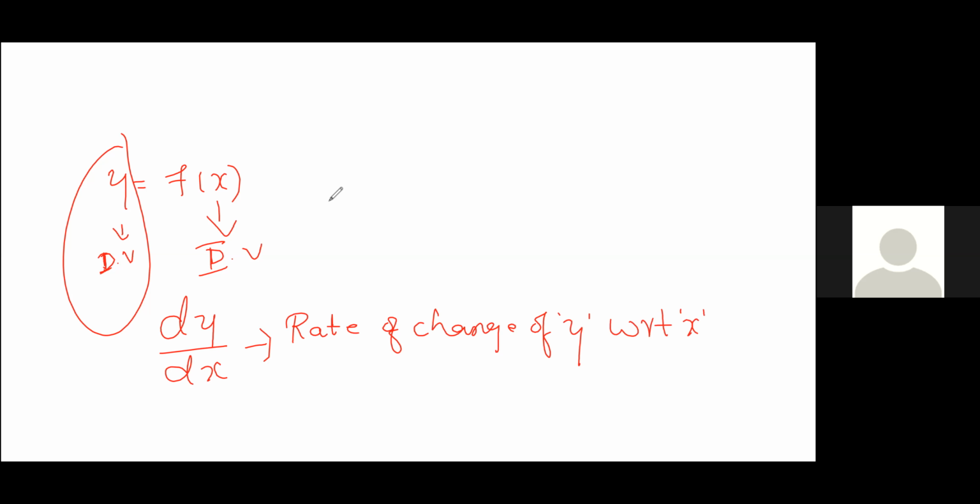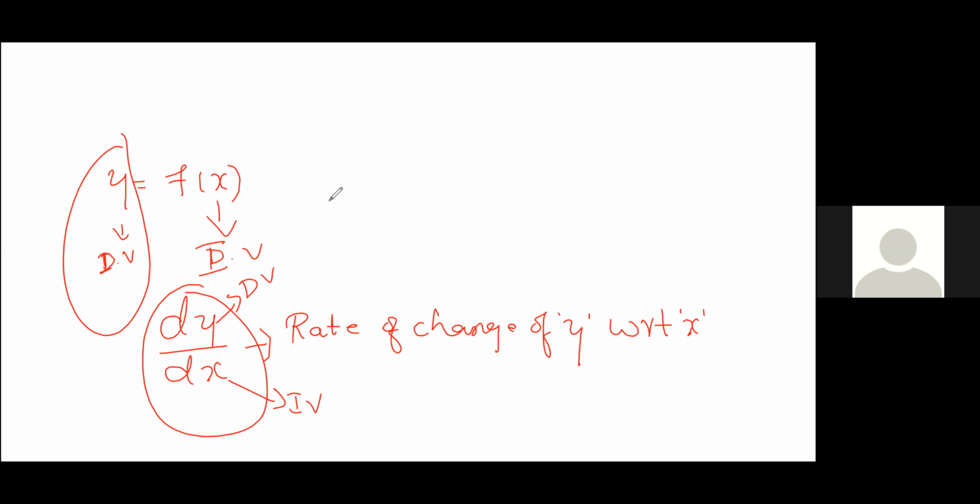Whenever you consider dy by dx, the numerator variable will be the dependent variable and the denominator variable will be the independent variable. Is it clear now? Is it clear which is the dependent and which is the independent? Yes, sir.